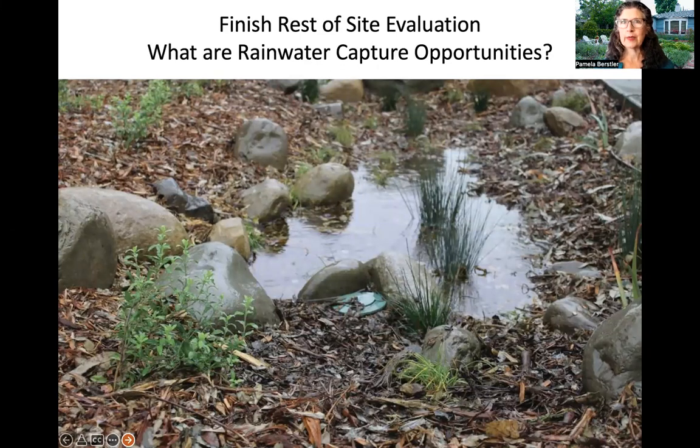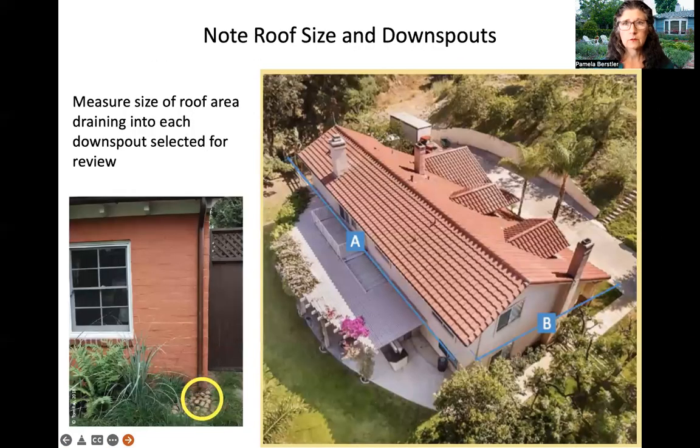Okay, so now you can breathe a little bit easier and you can step back and take a look at the rest of the site evaluation. Or maybe you actually do this first. The order is up to you. But we're going to focus first on what the rainwater capture opportunities are. Which means if there is a building, you want to take a look at the roof size.